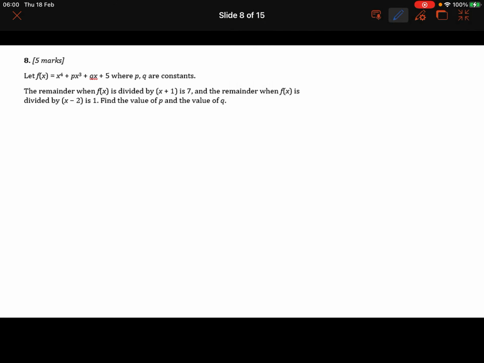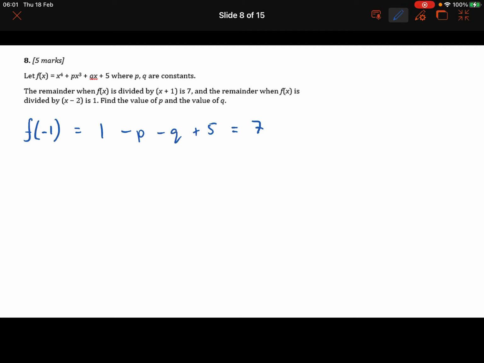So we're saying the remainder when f of x is divided by x plus 1 is 7. So that means if we do f of minus 1, that is going to be equal to 1 minus p minus q plus 5, and that is going to have to give you 7, okay, because that's the remainder that you will get.